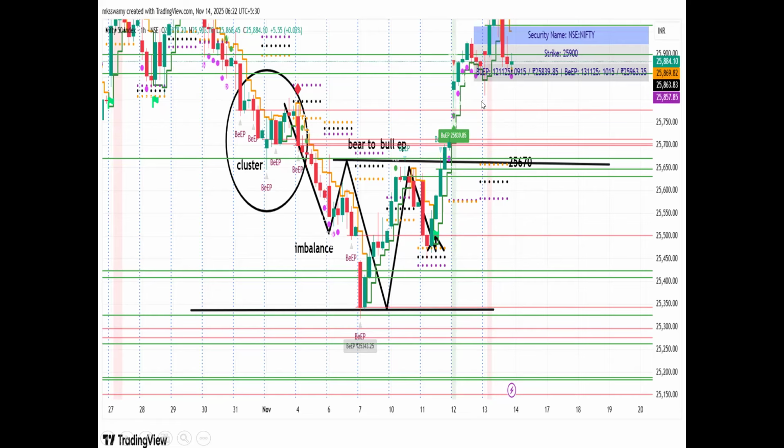Here you can see it has jumped over; you have seen the gap up due to the news of election predictions that NDA is going to win with a majority.